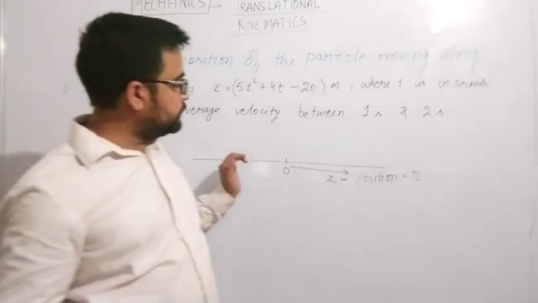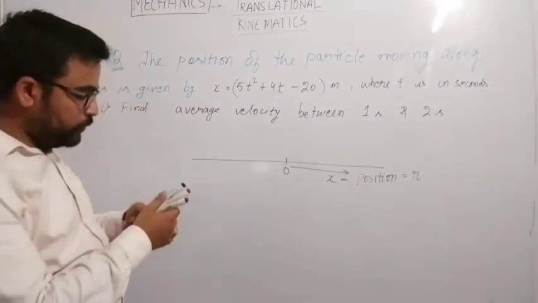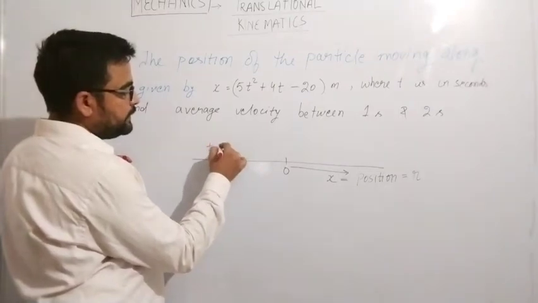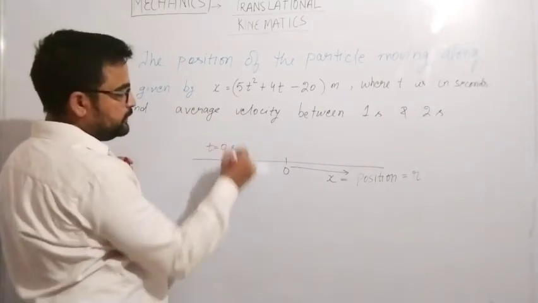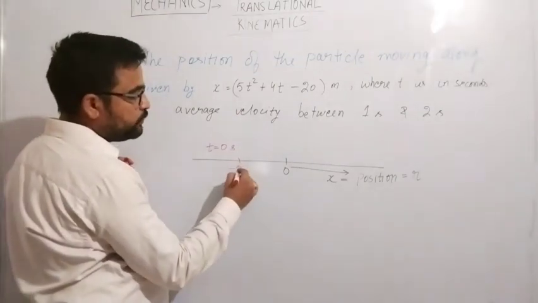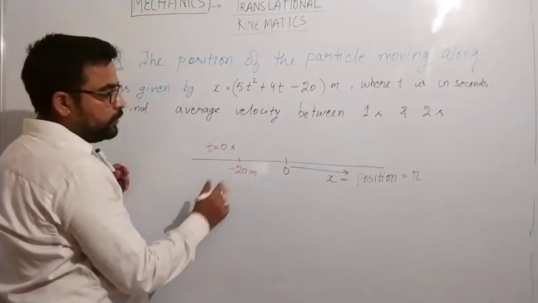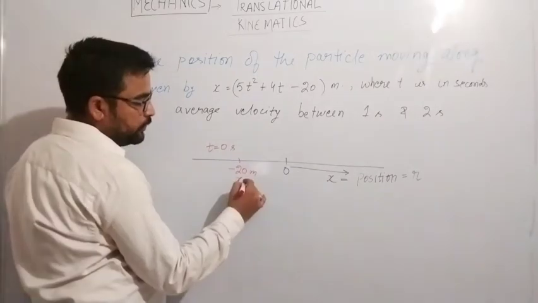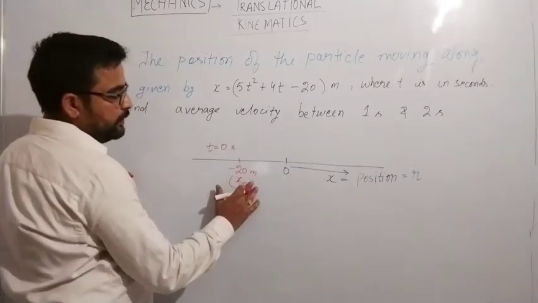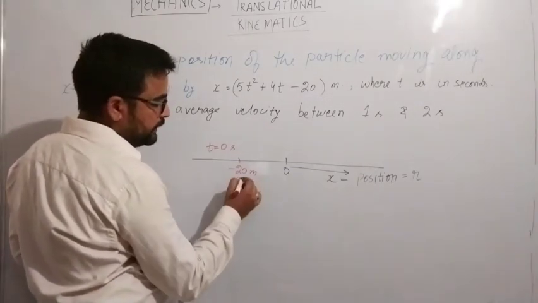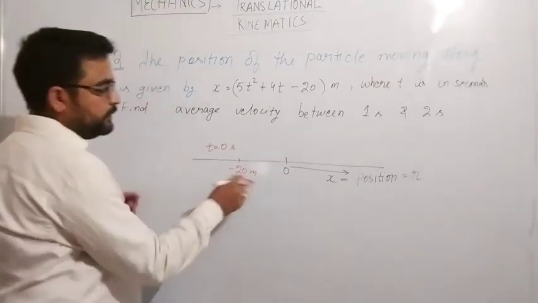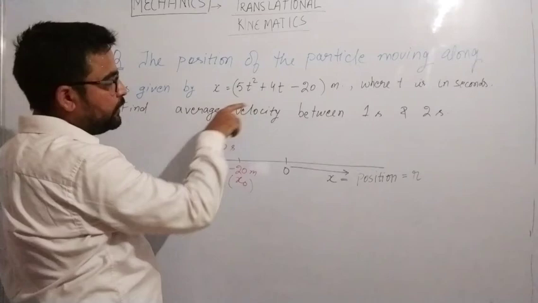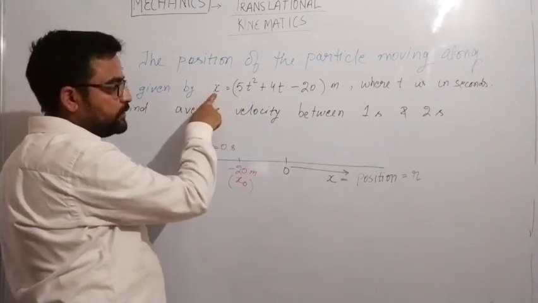You can see that at t is equal to 0 second, the position of the particle is minus 20 meter, right? So the starting position is x naught, which is minus 20 meter, and with time, as t increases, x will increase.